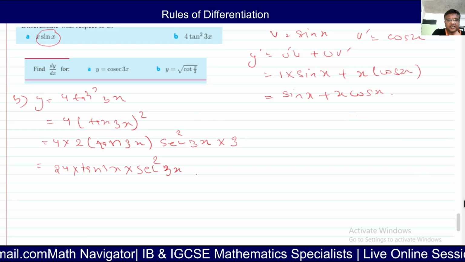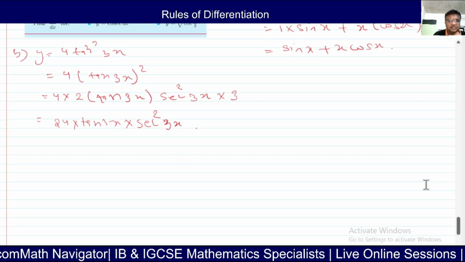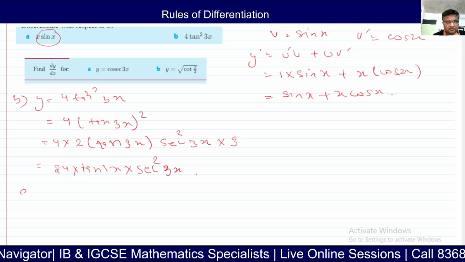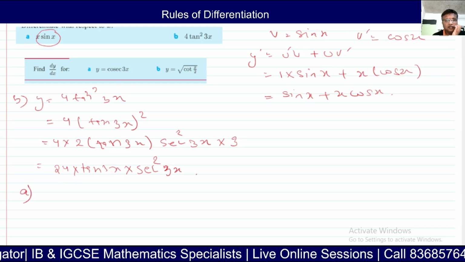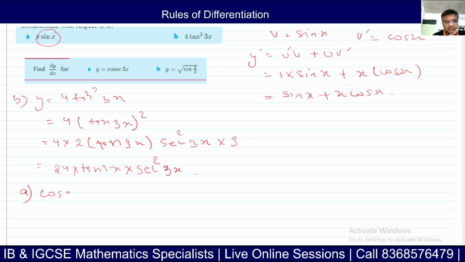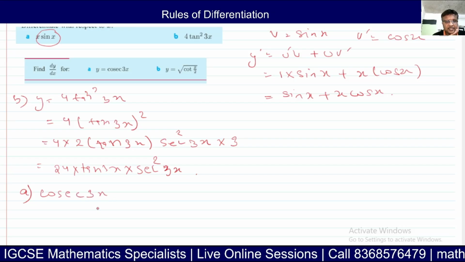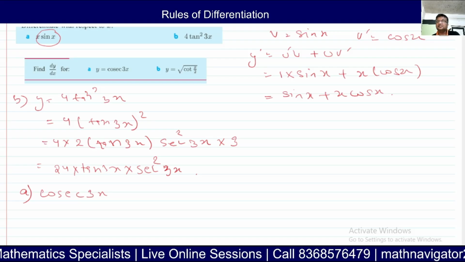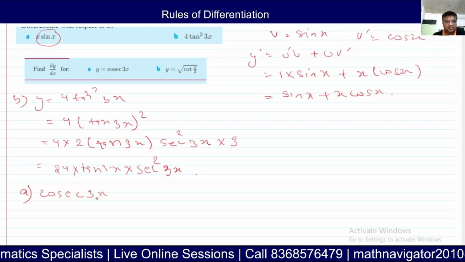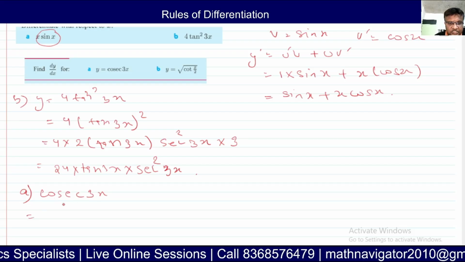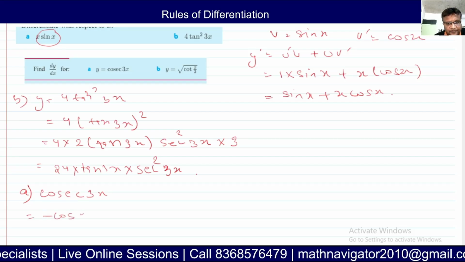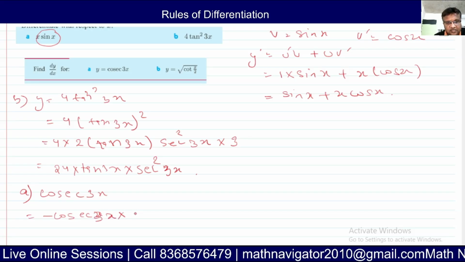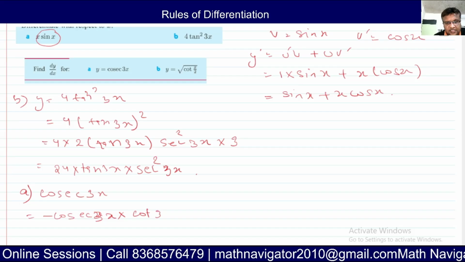Then we take cosec 3x. Again, it's simple. The formula for the derivative of cosec x is minus cosec x cot x. So first I'll differentiate the whole thing, minus cosec 3x times cot 3x.